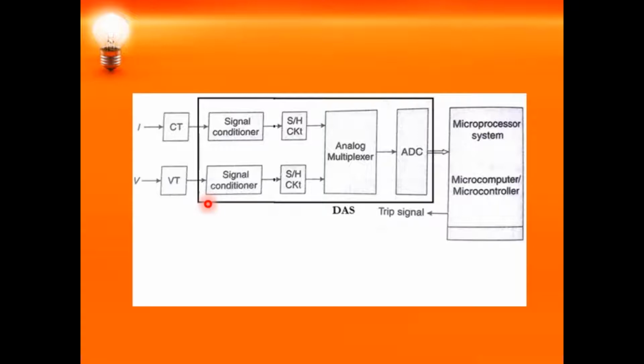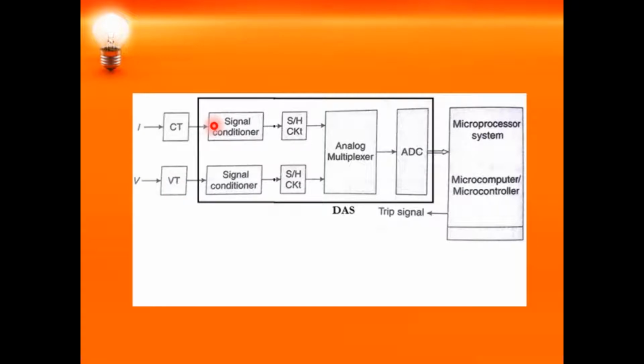When we go for numerical relays, we have the advantage that this current and voltage which is being monitored can even be displayed, and depending upon the numerical data available here, the trip signal can be issued.